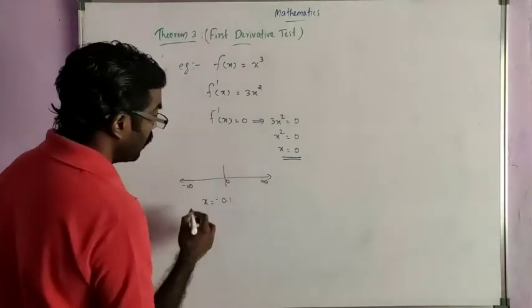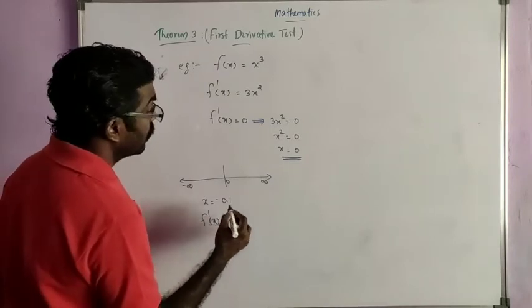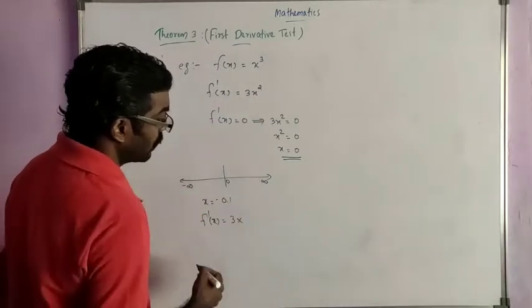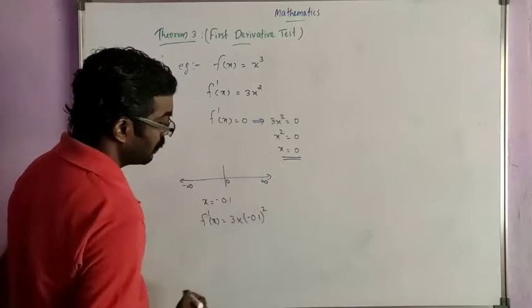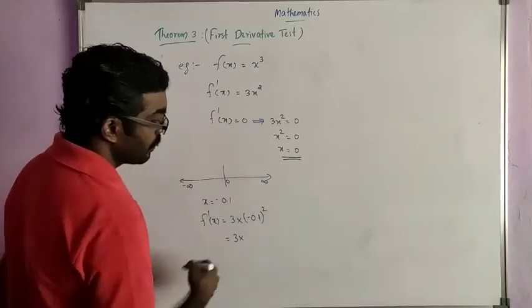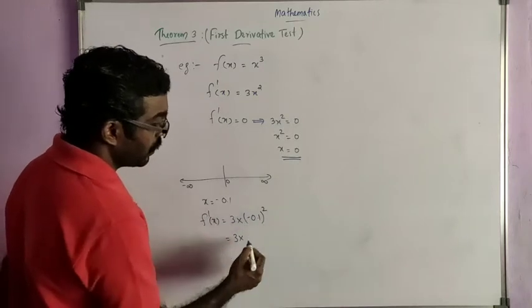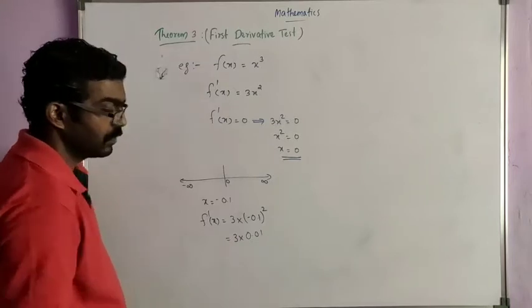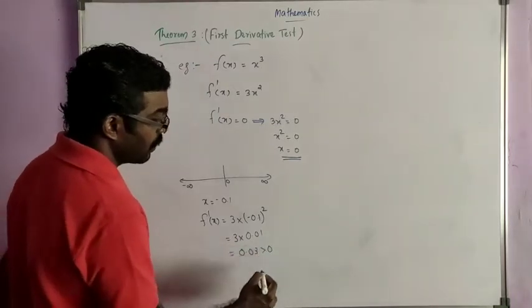And we can check the sign of f dash of x. f dash of x is equal to 3 into 3x square. So 3 into minus 0.1 the whole square. So 3 into 0.1 square, minus square is plus, and 0.1 square is 0.01, which is equal to 0.03, greater than 0, positive.